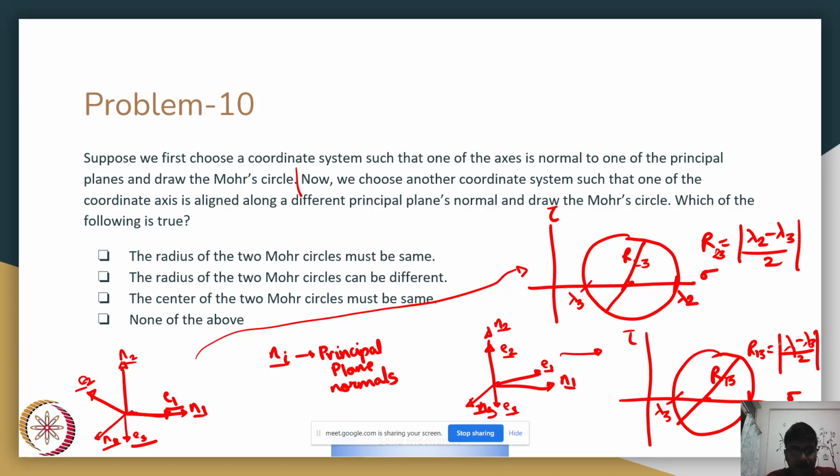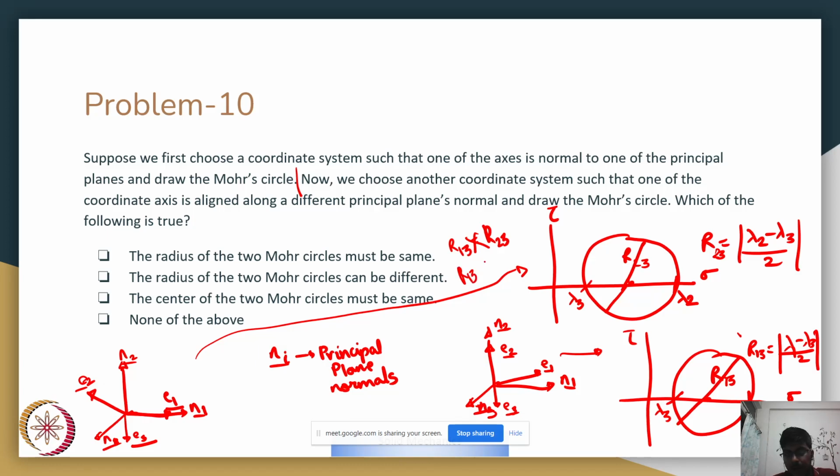Now, which of the following statements is true? The radius of the two Mohr circles must be the same. So the first one asks if R13 is equal to R23. As you can see, it's not necessary. So this statement doesn't necessarily hold true. The radius of the two Mohr circles can be different.